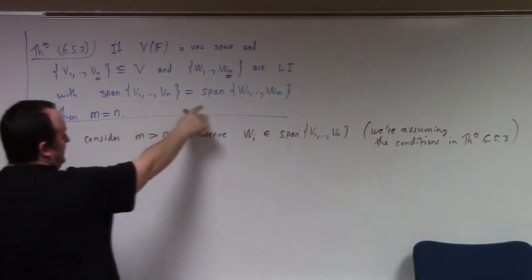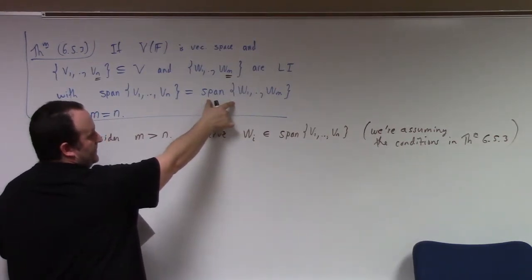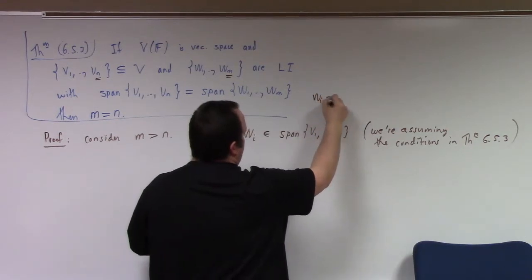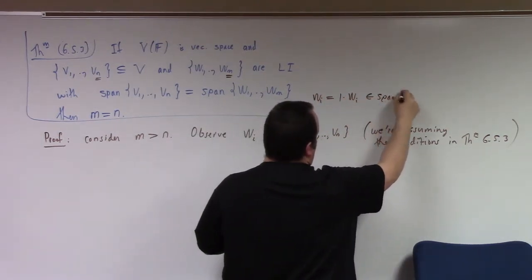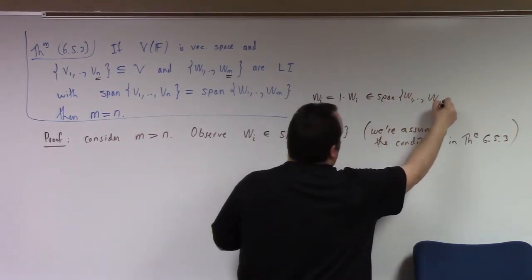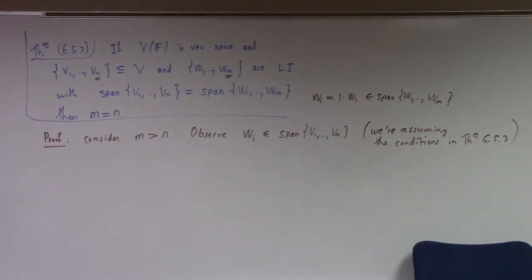So you notice that Wi is equal to 1 times Wi, so that's in the span of W1 through Wm. The span, of course, always contains the vectors which it's spanning, among other things.